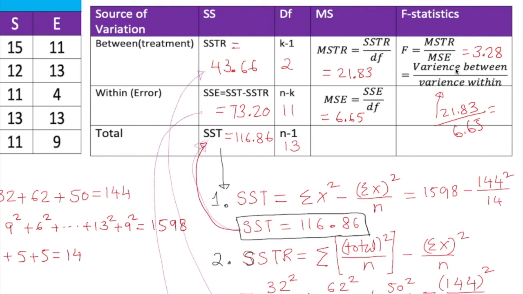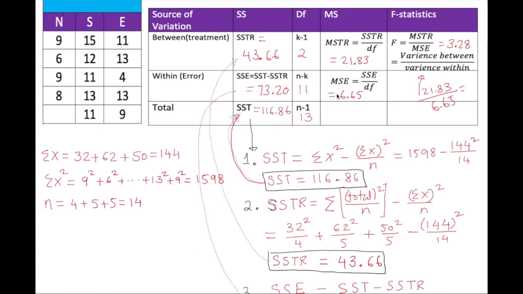Now if you go down here, as you see, we have everything step by step: treatment sum squared, or between sum squared, within sum squared, and of course total sum squared. We found one extra thing, total sum squared, in order to find the within sum squared.